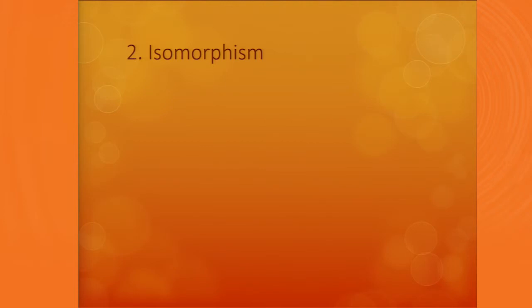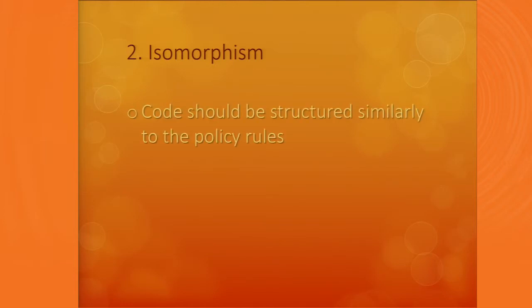The second one, in the academic literature, it's called isomorphism. The basic idea is that the code that you write should be structured similarly to the rules that you're representing, so that you can look at the regulation and you can look at your code, and there's a one-to-one correspondence between the two. Right? So you can look at a provision of law and say, oh, okay, in my code that maps to that.